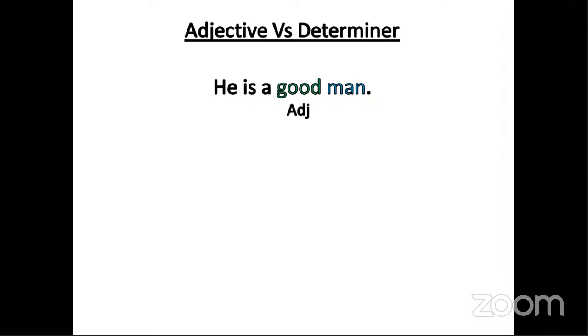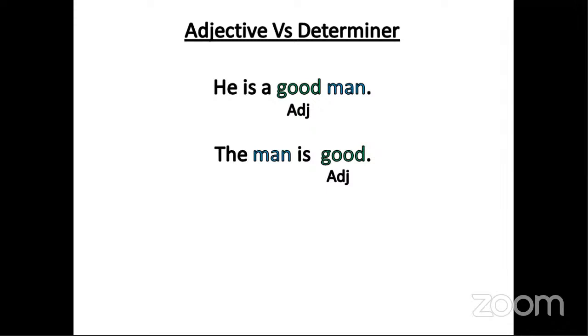Good. So, good is the adjective. Supposing I write this sentence as, the man is good. Now, here also, friends, good is the adjective and man is the noun. The only difference is that in the first sentence, the adjective came before the noun, but in the second sentence, the adjective has come after the noun.